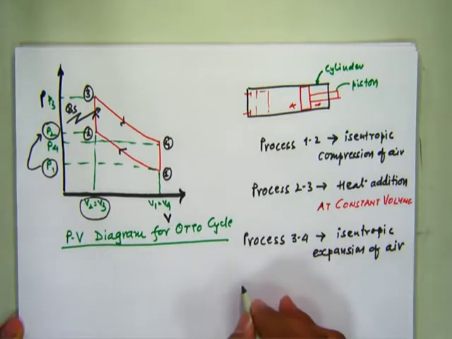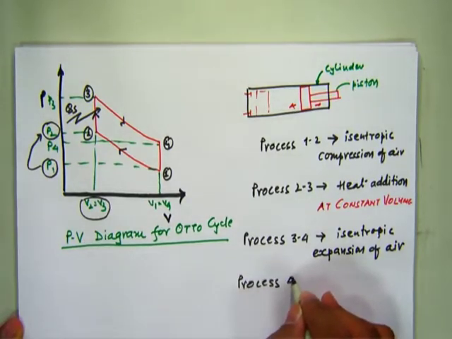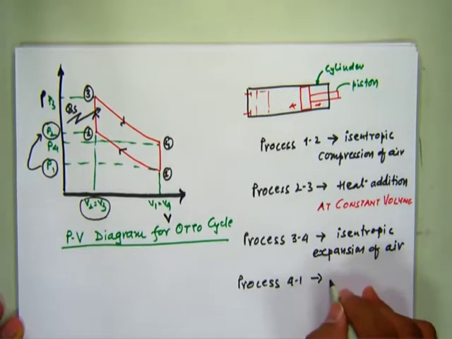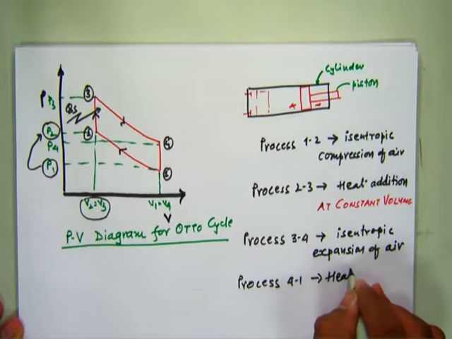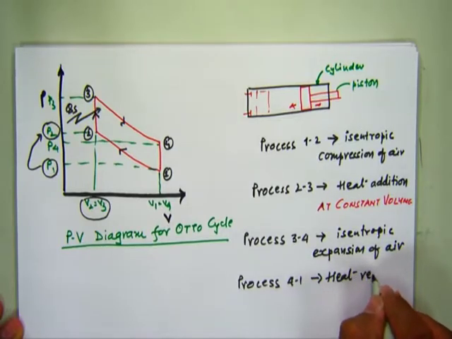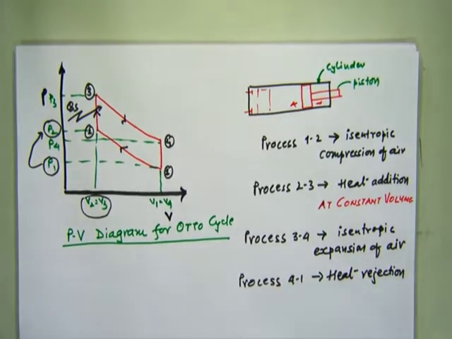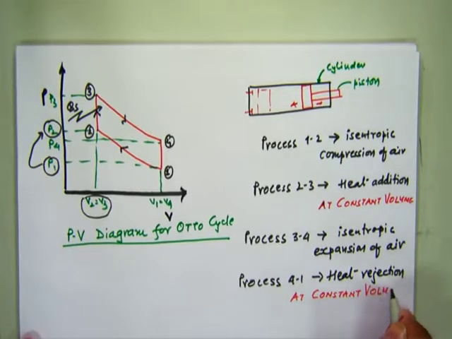And the process 4-1, it is heat rejection. Heat is thrown out. Heat rejection, that is again at constant volume.